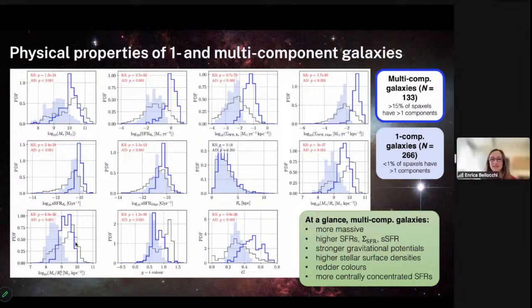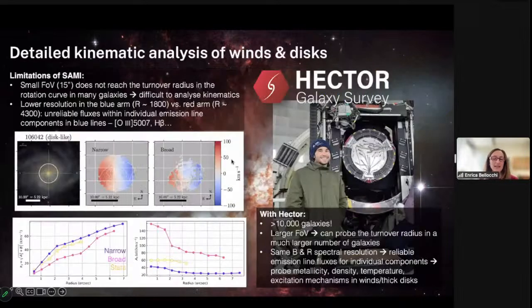Well, I have one last question. When you mentioned in one of the last slides the difference in the spectral resolution between the blue and the red part of the spectra, did you find any outflow in the oxygen-3 emission line with the resolution you have, lower than 2000?